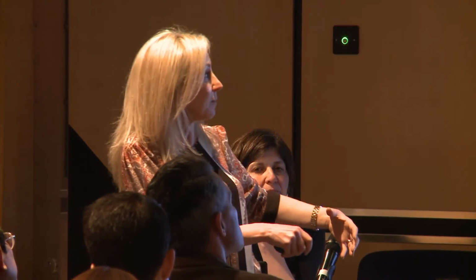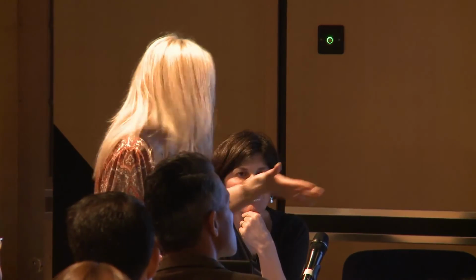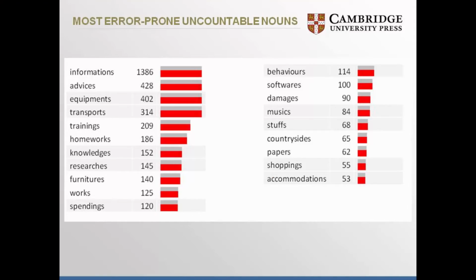So by B2, you know lots and lots of nouns, and you take a risk and you often get it wrong about their countability. And it doesn't impede the understanding of what you're saying, but it's an error which has a knock-on effect. So these are the most frequent error-prone uncountable nouns that we find: informations, advices, equipments. They're old friends to you, no doubt.